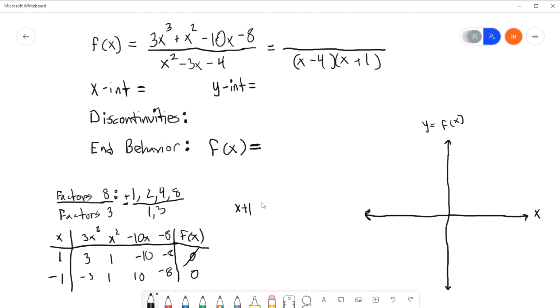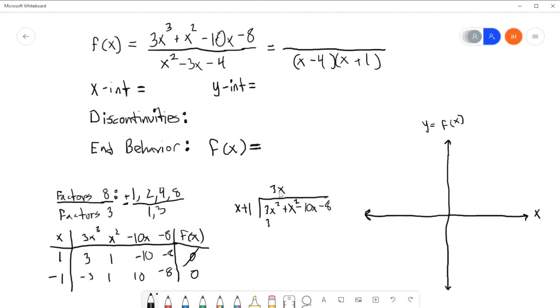So then, remember, to factor a higher degree polynomial, I'm going to divide out the x plus 1 from this polynomial here. So x plus 1 divides 3x cubed plus x squared minus 10x minus 8. I'm going to do this real quick because I think you guys are pretty good at this by now.